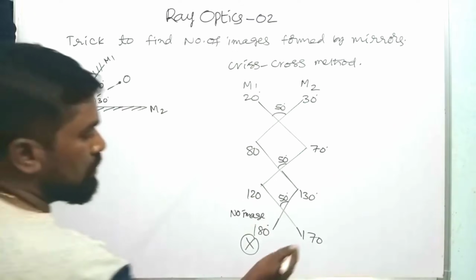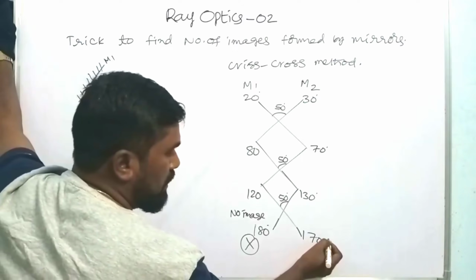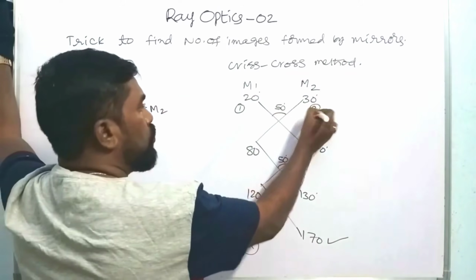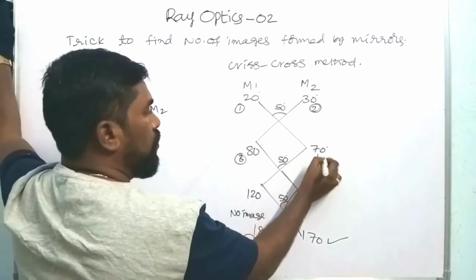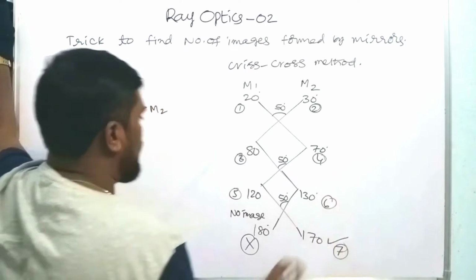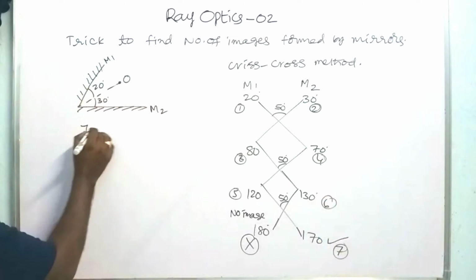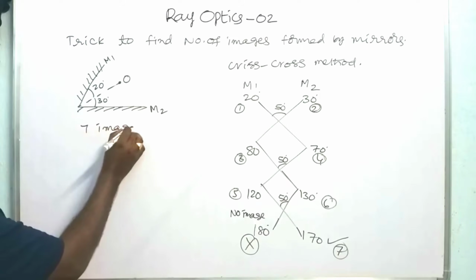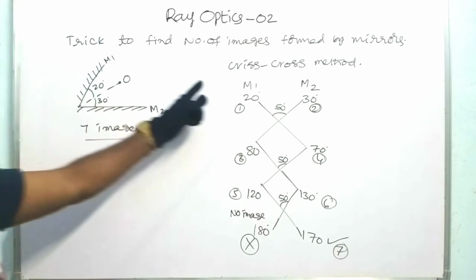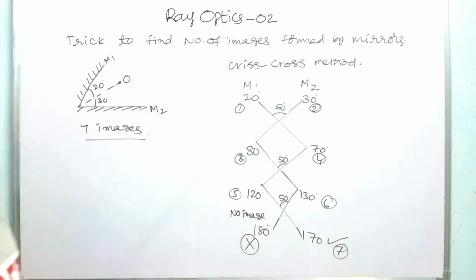So at 170 degrees, there is an image. The total number of images are 1, 2, 3, 4, 5, 6, 7. The total number of images is 7. Okay, so this method is the crisscross method.